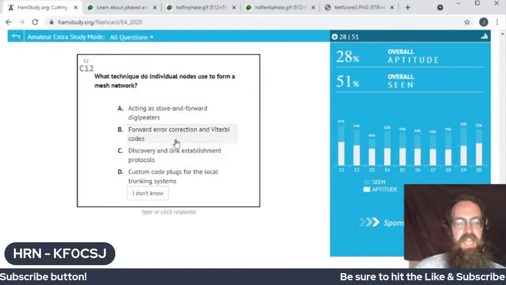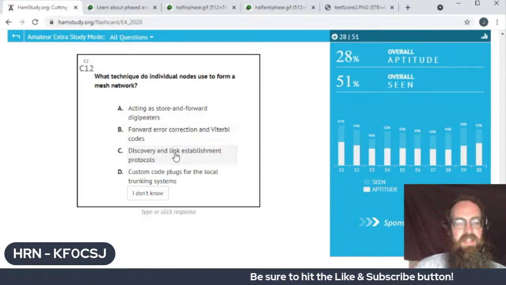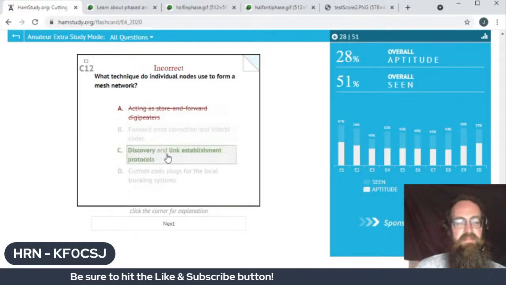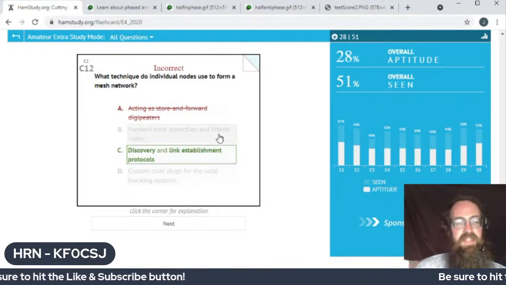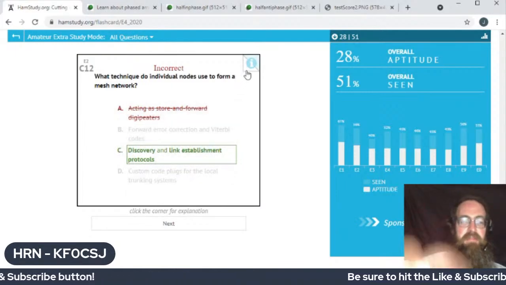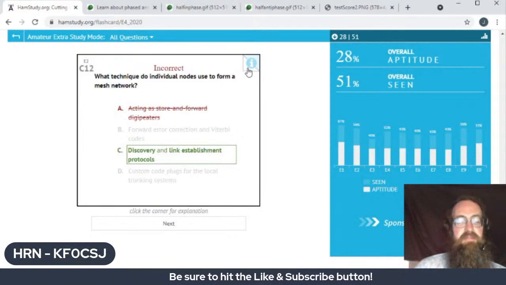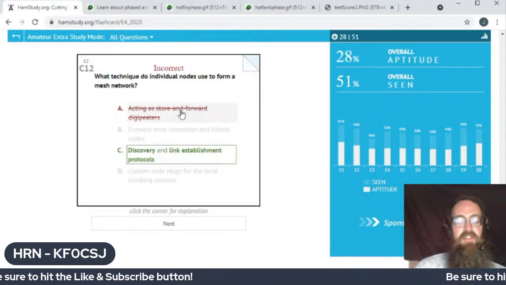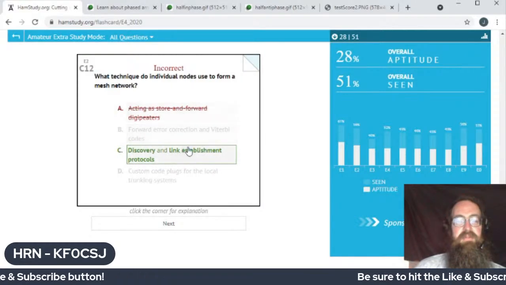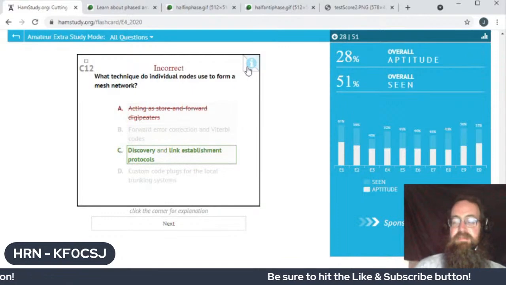I'm thinking it's either A or C. I'm gonna guess A. Nope, C. And that, I think, was my biggest fault when I was taking the test: I could narrow it down to the top two, and then I chose the wrong one.